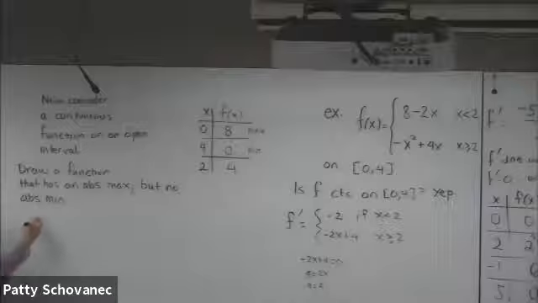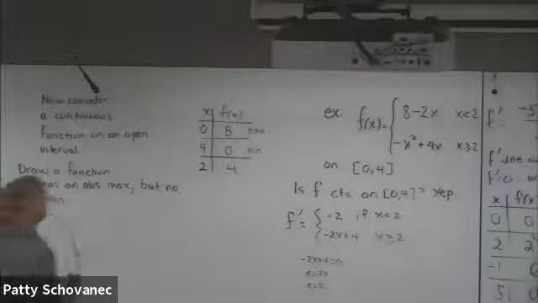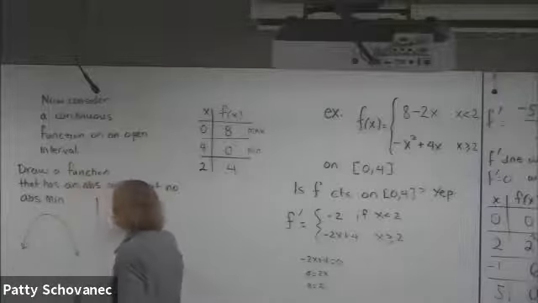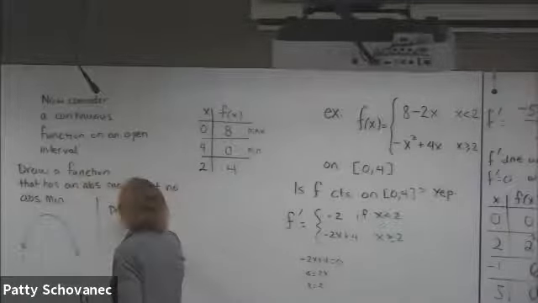Because the ends keep going on. It's got no min, right? And so if I ask it the other way, draw a function that has an absolute min but no absolute max, you just turn it around. Is it possible to draw a function on the open interval that has both an absolute maximum and an absolute minimum?